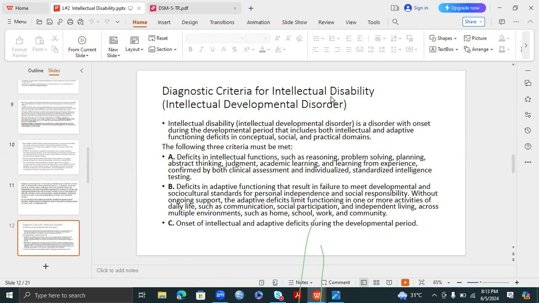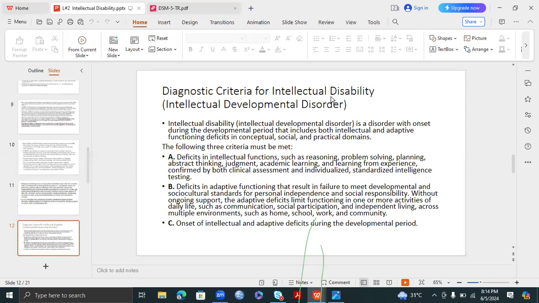If we are talking about the deficit in the intellectual functioning, it means the individual's reasoning skills, problem solving, planning, abstract thinking, judgment, academic learning, learning from experience or practical learning, confirmed by both clinical assessment and individualized, standardized intelligence testing.